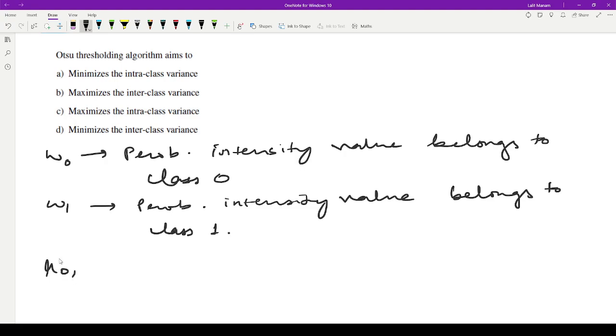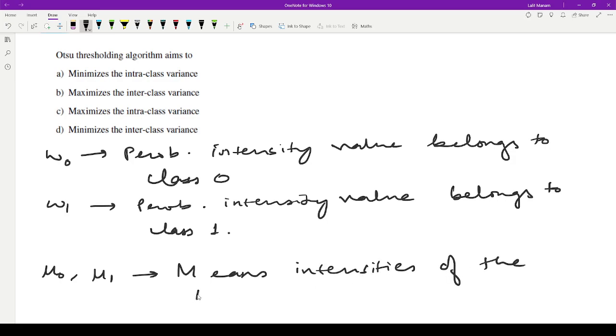Mu naught and mu one are the mean intensities of the two classes. Okay, I guess people are still joining.